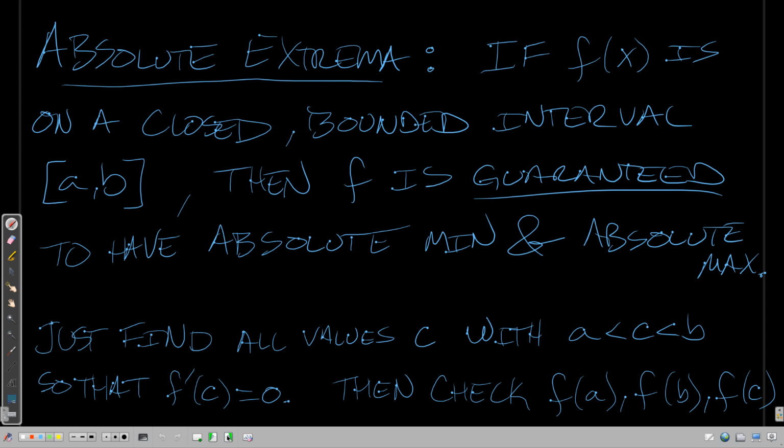For an absolute extreme, you are usually dealing with a closed and bounded interval. And if so, then your function absolutely will have a minimum and a maximum. It's guaranteed.